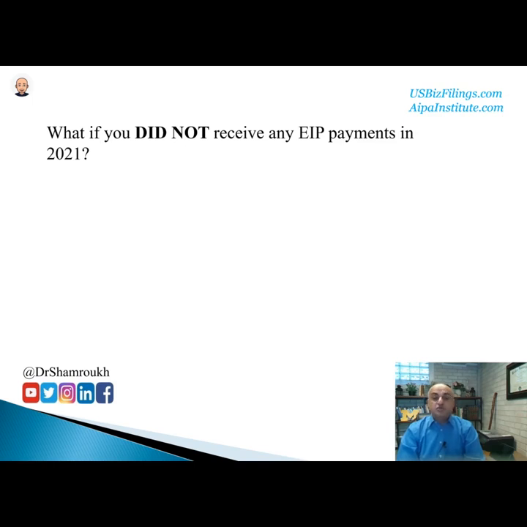For example, if a new child was born in 2021 and the parents did not receive the EIP3 for this dependent, because the IRS assessed Economic Impact Payment 3 based on the taxpayer's previous year's tax return information, so they don't know about the newborn child. It becomes in your favor to make sure you fill out the Recovery Rebate Credit Worksheet and include it in your 2021 individual tax return file.